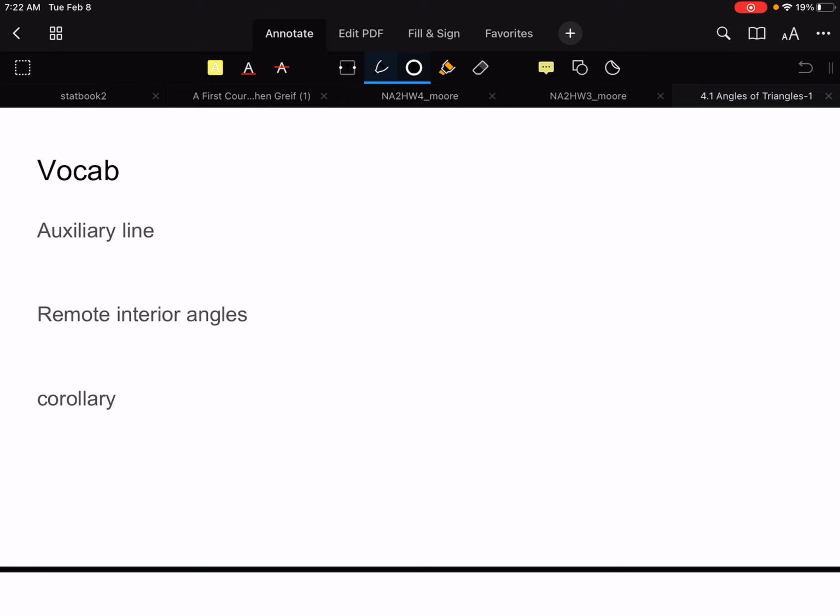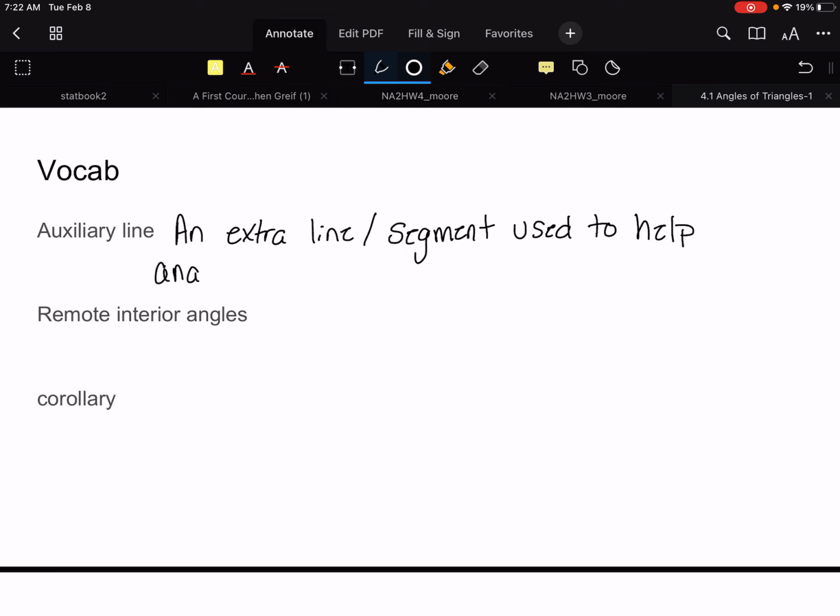So first one, auxiliary line is an extra line or segment that is used to help analyze geometric relationships.